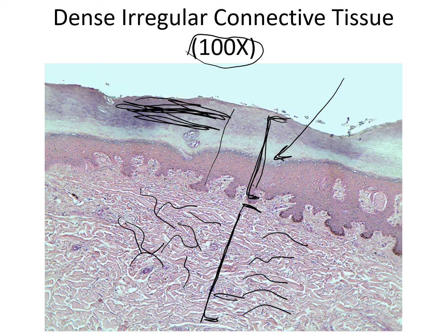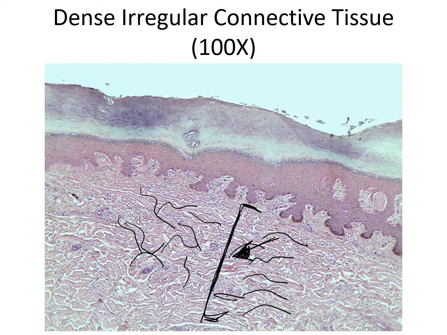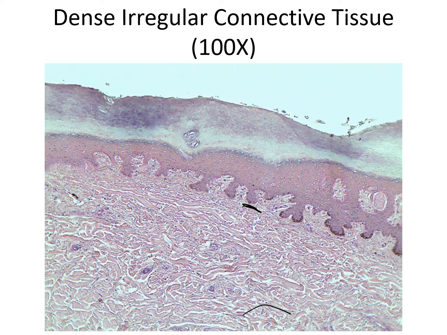So they're not parallel. So that's how dense irregular connective tissue looks like, and it makes part of the dermis of the skin. So this one is epidermis, this is dermis, right? So that's the dermis. And this is where we have our dense irregular connective tissue. So that's dense irregular.